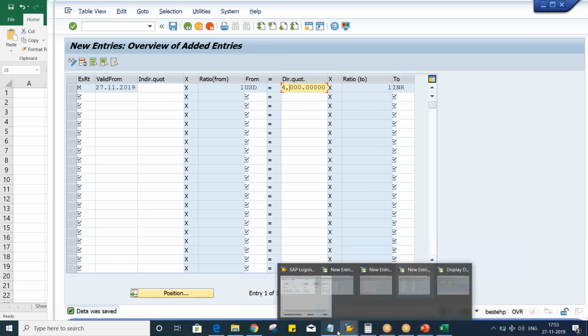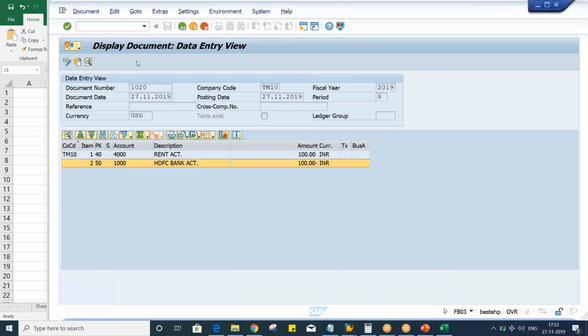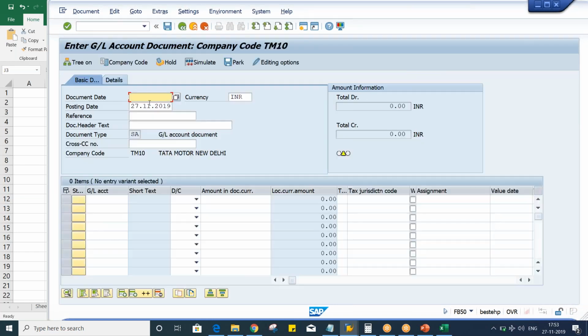So I'll just do one thing, guys. Now we'll post the transaction. Once again, we are going to use FB50 and post the transaction. Here USD, and then give the GL debit 1 USD itself.